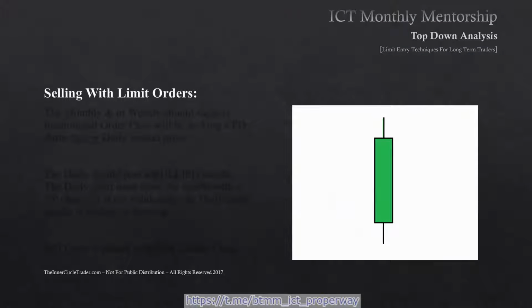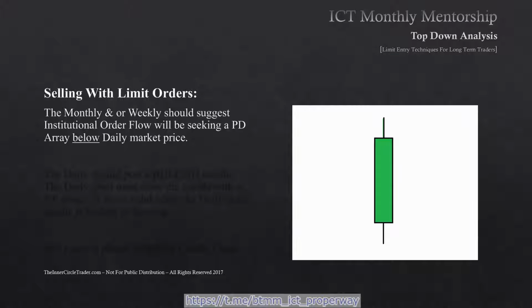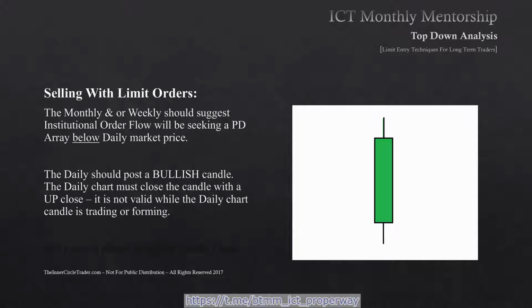Okay, selling with limit orders, just like we had with the sell stops, the monthly and/or weekly should suggest institutional order flow. We'll be seeking PD arrays below daily market price. The daily should post a bullish candle, and the daily chart must close the candle with an up close. It is not valid while the daily chart candle is trading and/or forming.